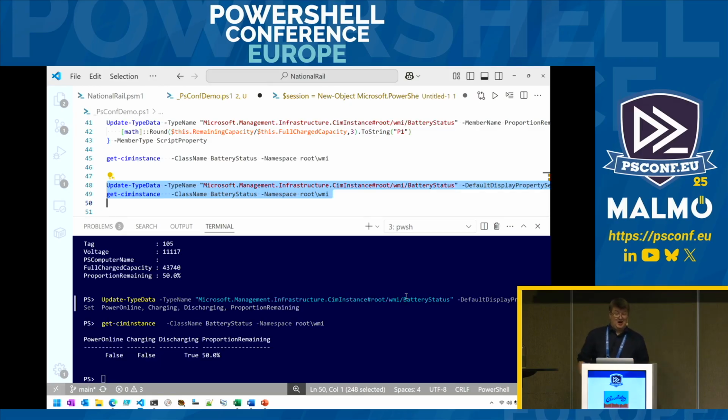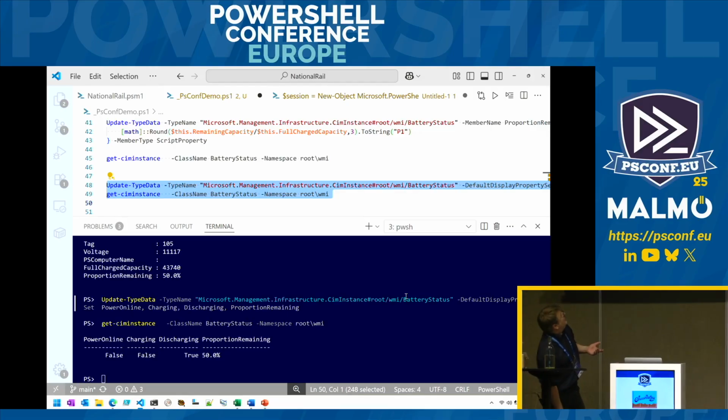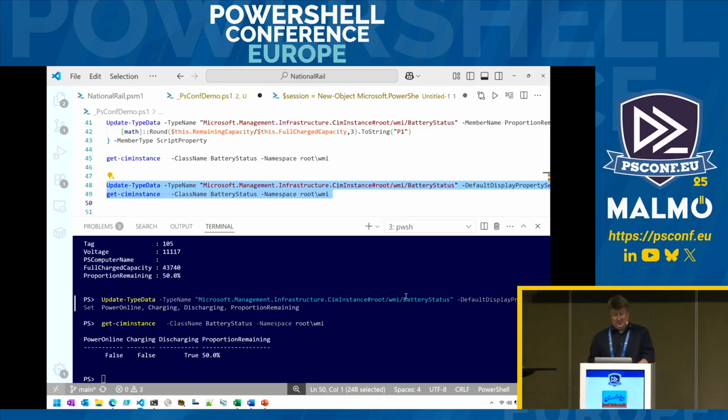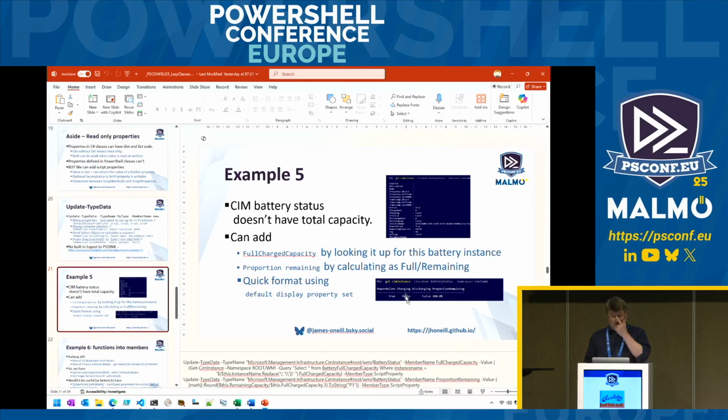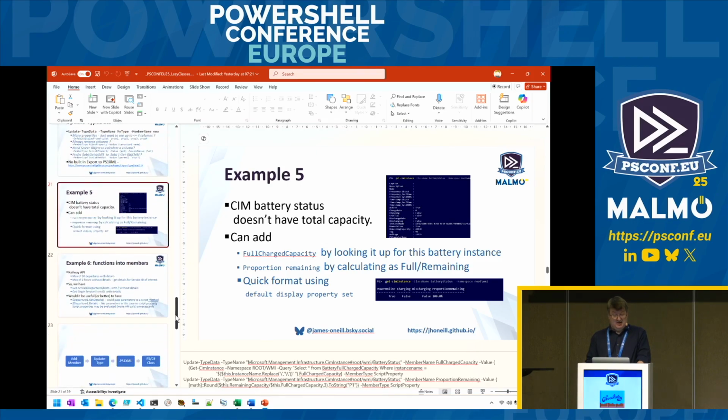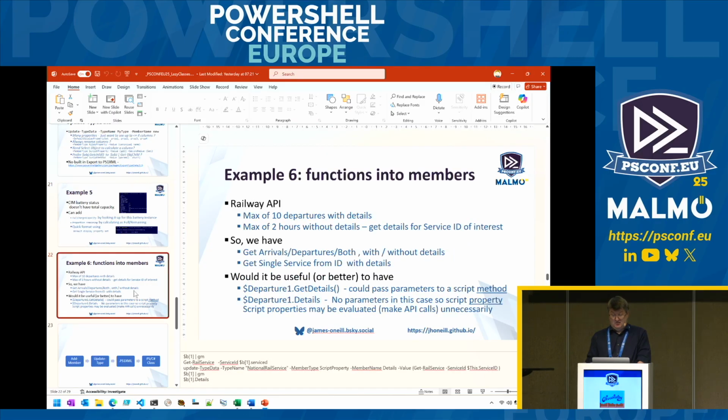So you can see I'm not plugged in, I'm not charging, I am running the battery down, and really conveniently for this point, I'm at exactly half battery. So that's the kind of trick that we can do with Update-TypeData and so on.